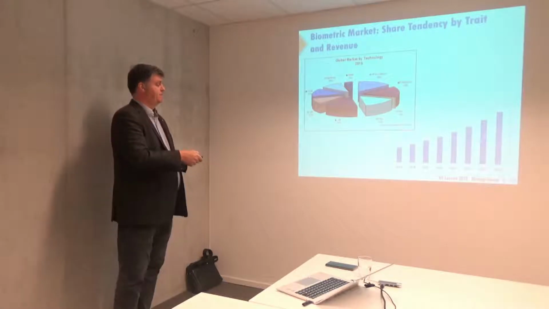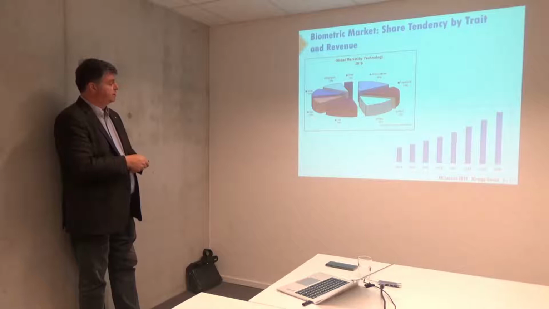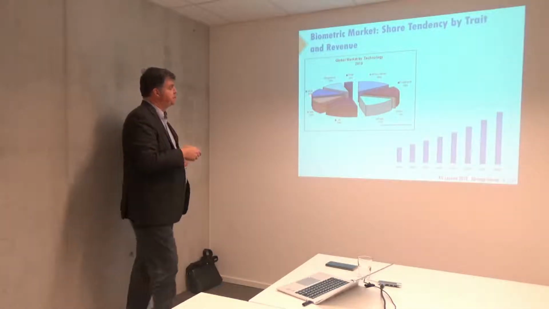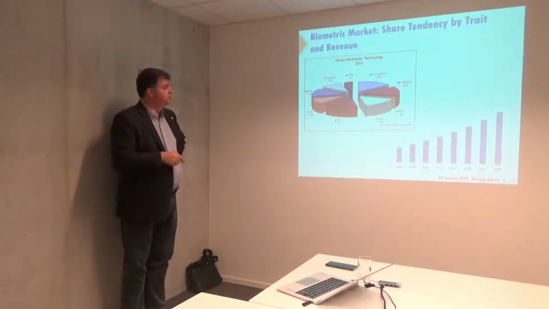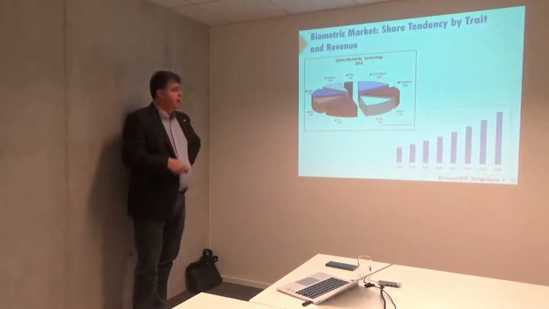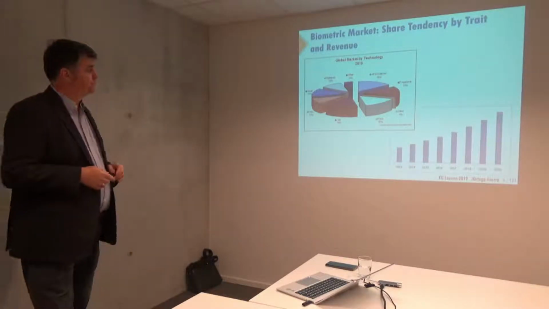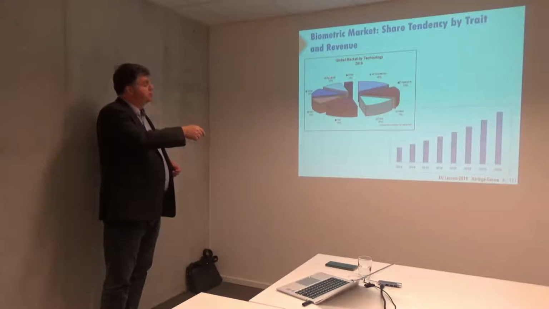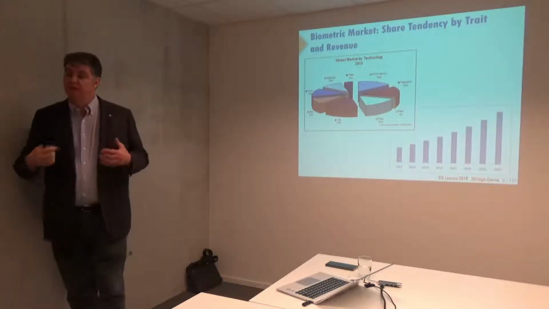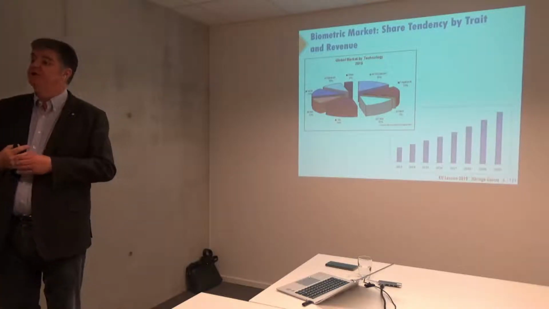Face is 15%, iris 16%, vein recognition 10%, voice or speaker 13%, signature 10%, and others which are growing and growing nowadays. I will focus basically on this, which is a small part, but in my view it is very important, because for online applications it is very important.